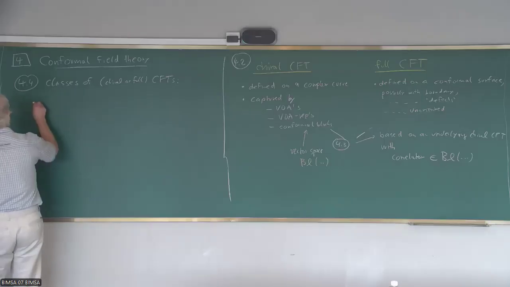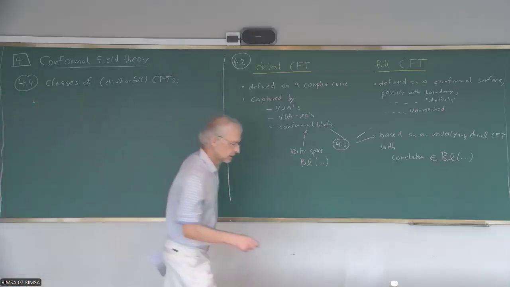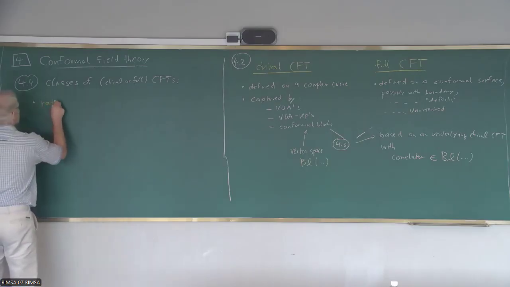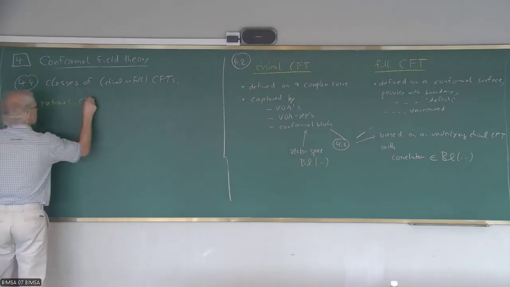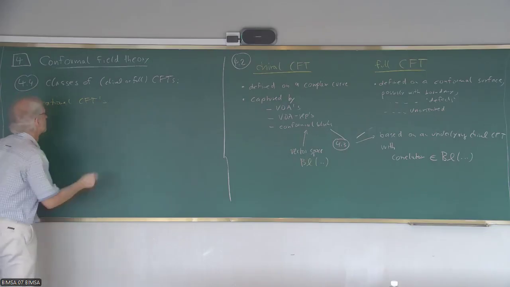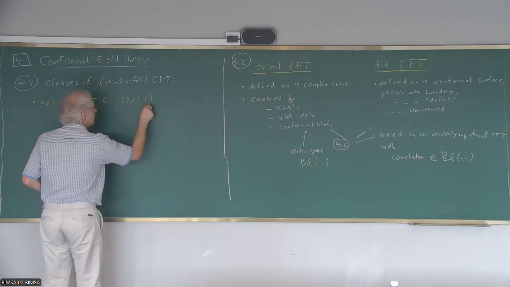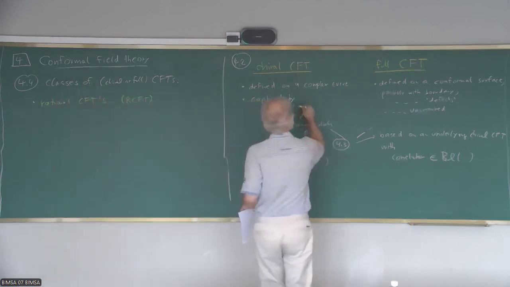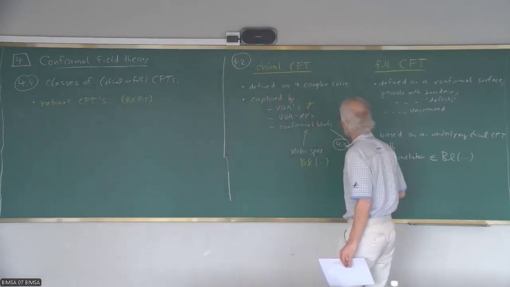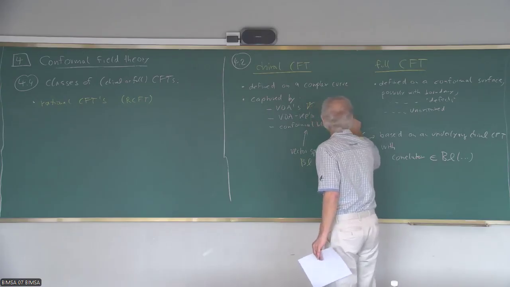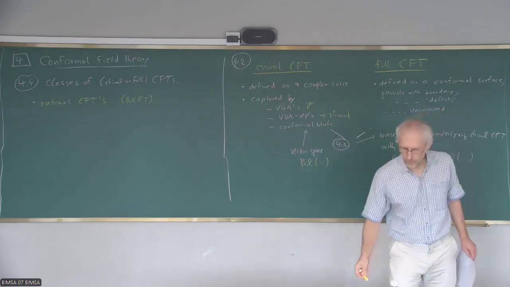And the most important class is the class of rational CFTs, or abbreviated as RCFT. So I have the vertex operator algebra V. The representations give us a category of modules.